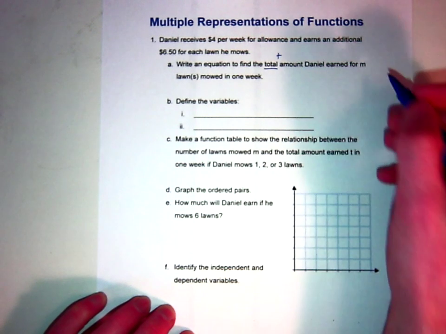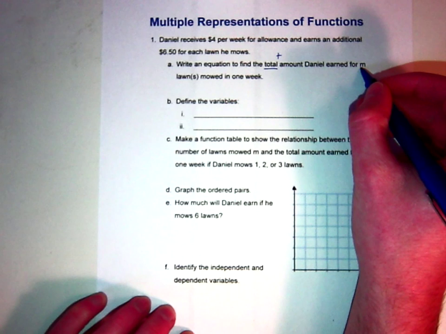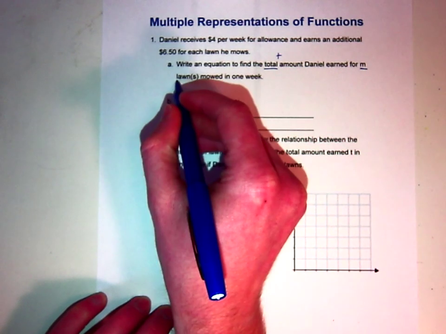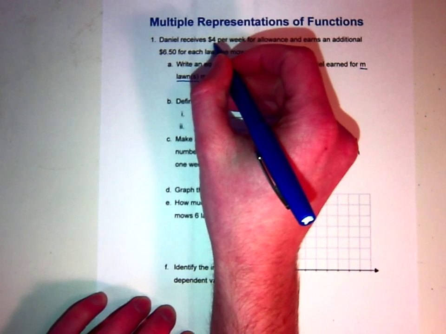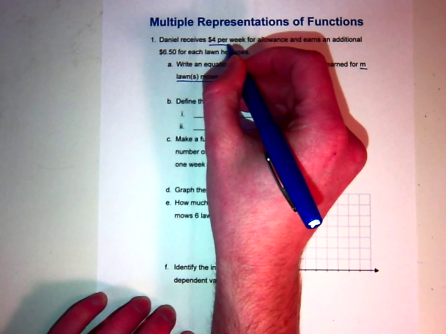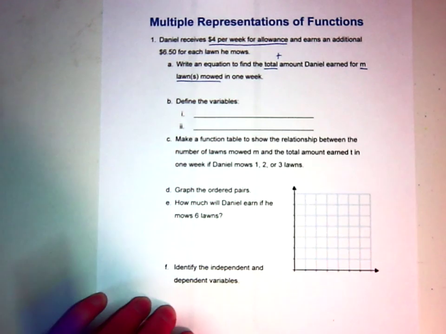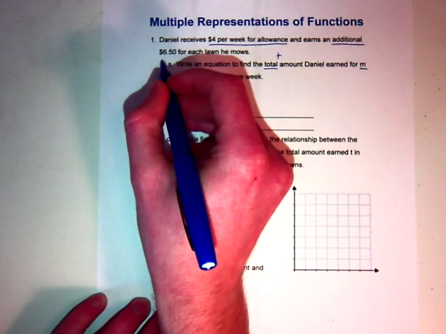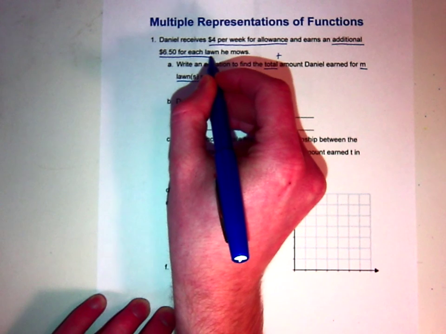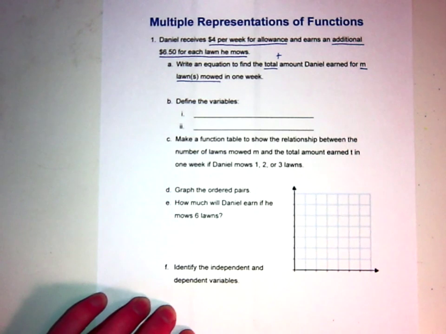Okay? They defined, actually, M means how many lawns Daniel mowed. Okay? Some other pieces of information that I need to know. Okay? He's earning $4 per week for his allowance, and he earns an additional $6.50 for each lawn he mows. Okay?